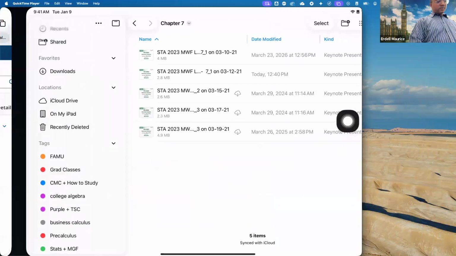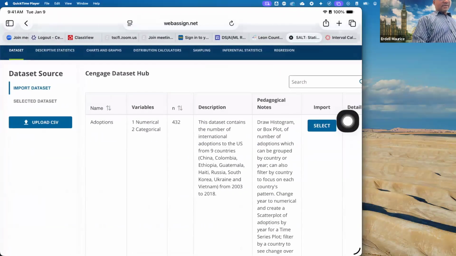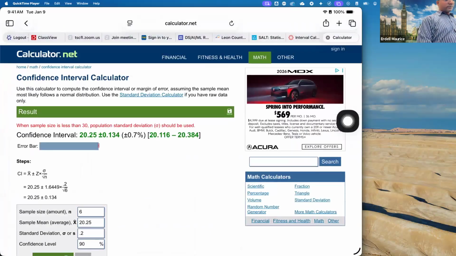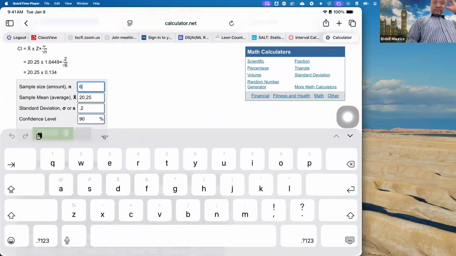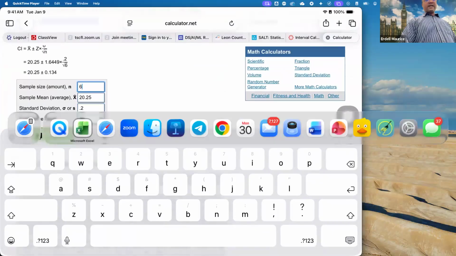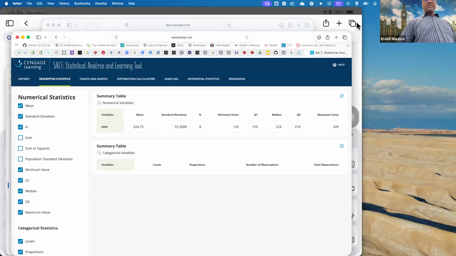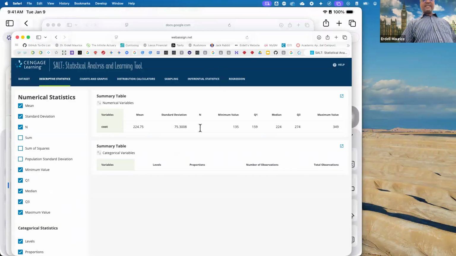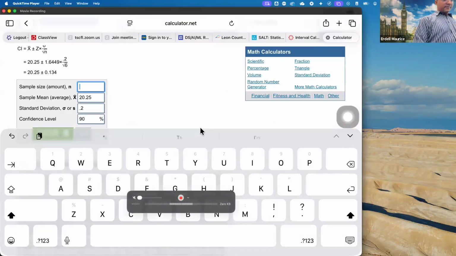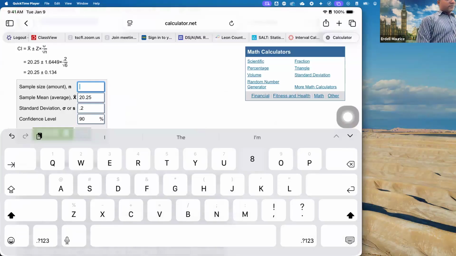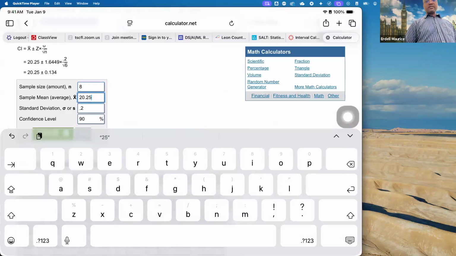So we would go to the website that I had opened right here. What was N? How many phones are on there? So if you come right here, you can see N is 8. And so we type 8 right here. What was the average?